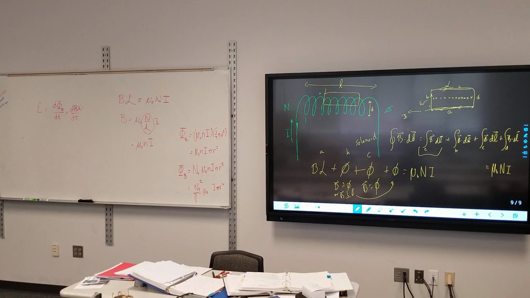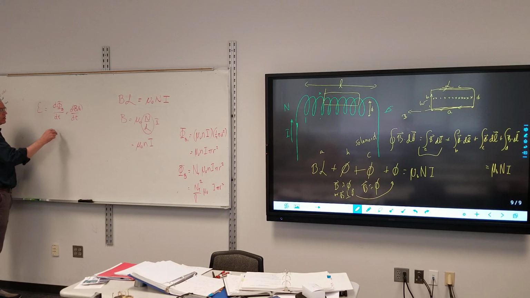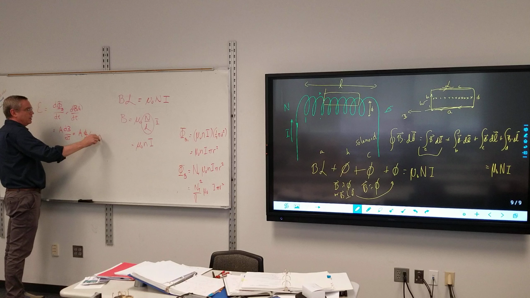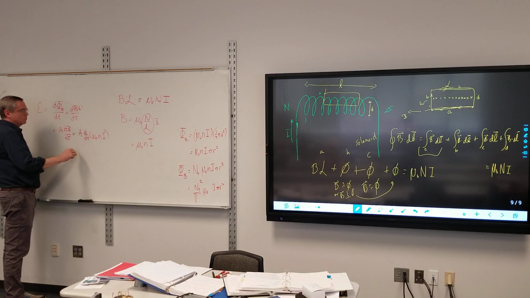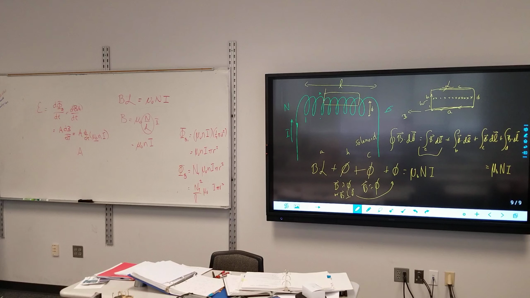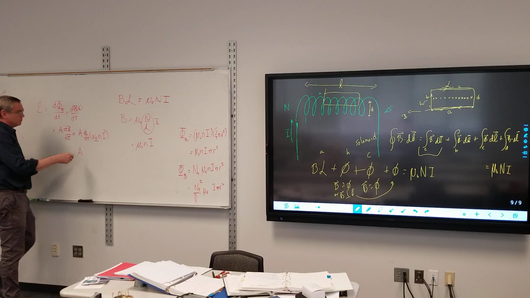I assume that you did not notice that that coil was getting bigger or smaller as you flipped on and off the switch. This time the area is constant times dB/dt. And my magnetic field times d/dt of mu naught n I. Mu naught is the constant permeability of free space. n is the coil density, which you'll calculate at some point.